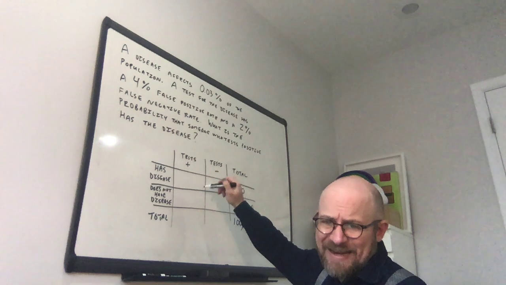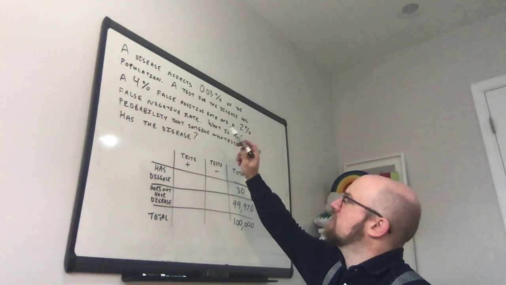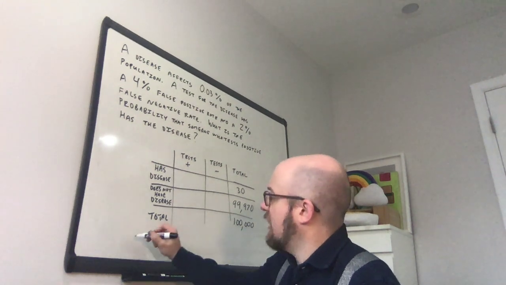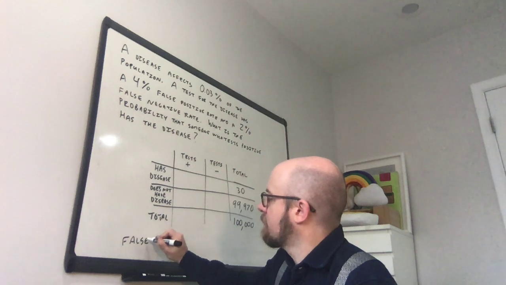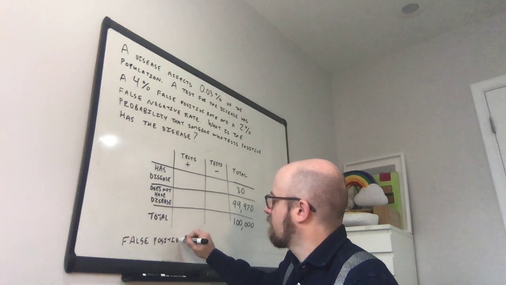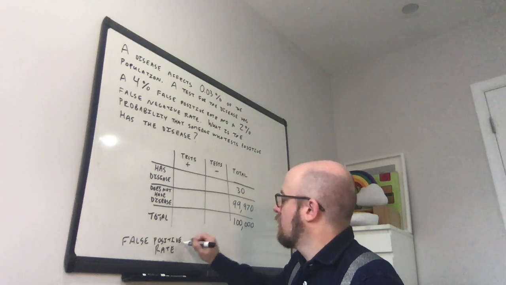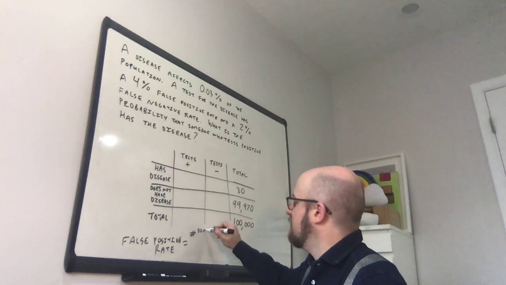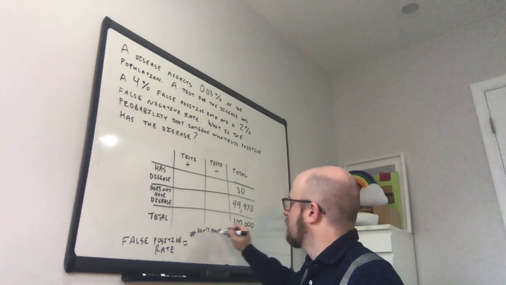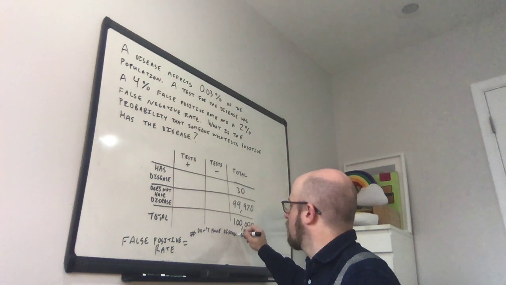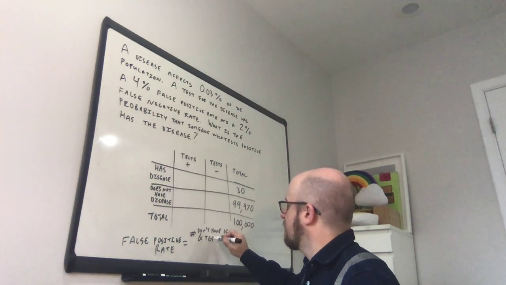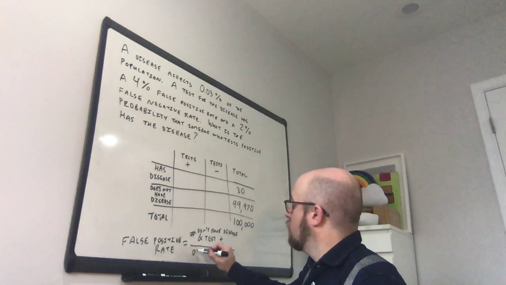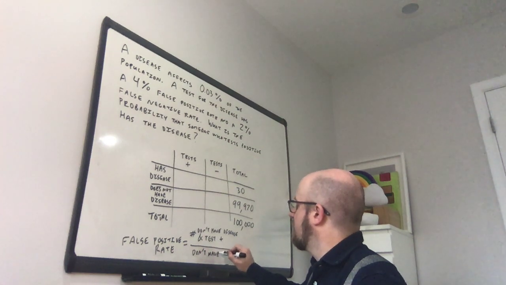To get the other values in here, we're going to use this 4% false positive rate and 2% false negative rate. If you remember from class, the false positive rate is the number of people who don't have the disease and test positive, divided by the number of people who don't have the disease.